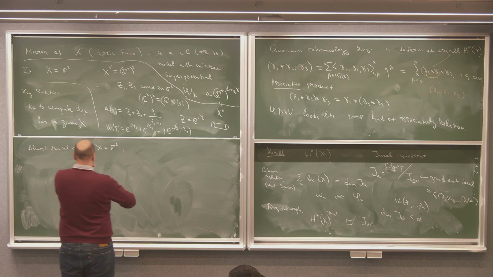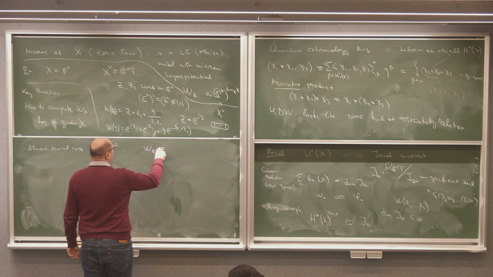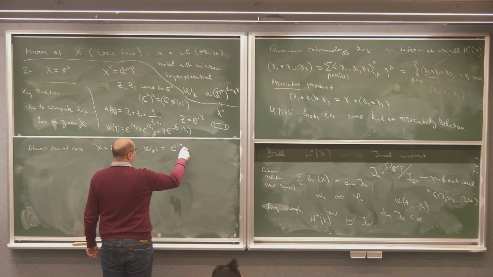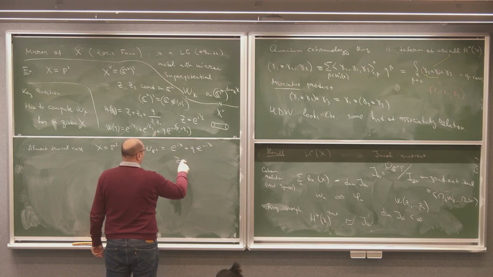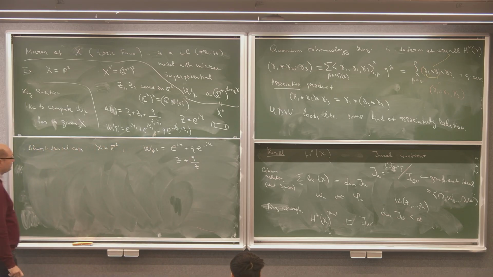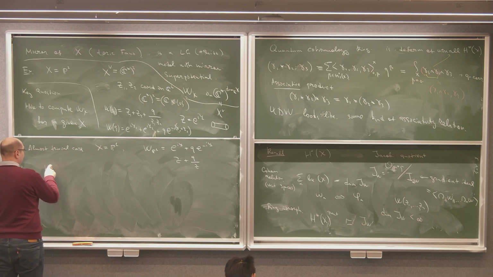So in this case, the mirror superpotential for P1 is just, in exponential form, e to the iy plus q e to the minus iy, and in algebraic form it is v plus q over v. So what is the cohomology of P1?